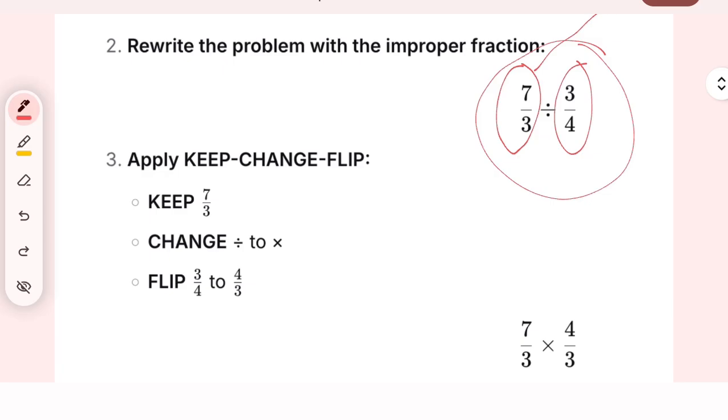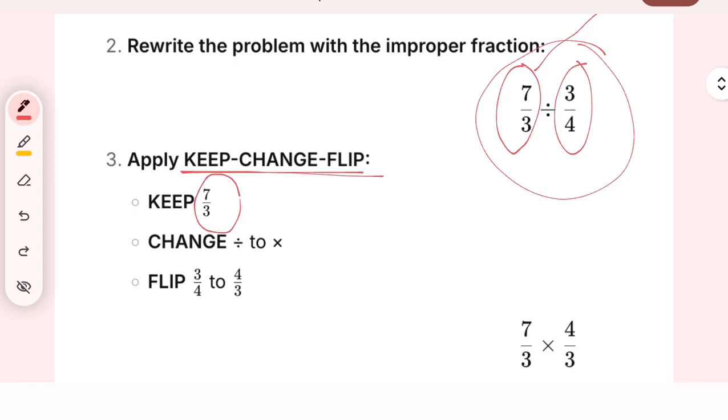We apply the KCF. So I want you to maybe watch my previous videos on division of fractions. There are some problems that I discussed there on how to divide fractions. So the rule is keep, change, and flip.